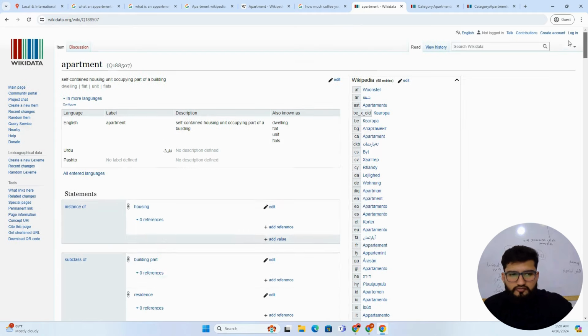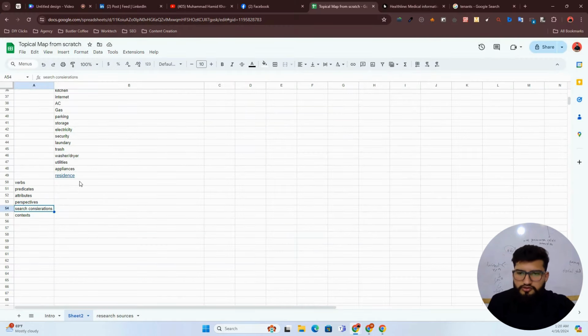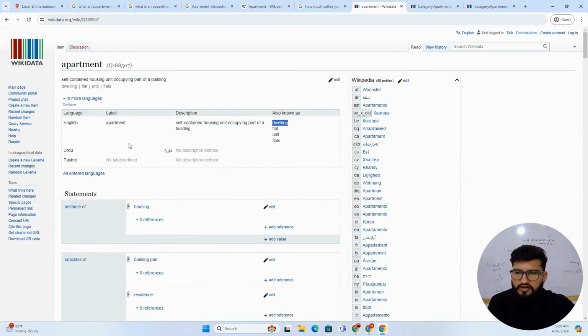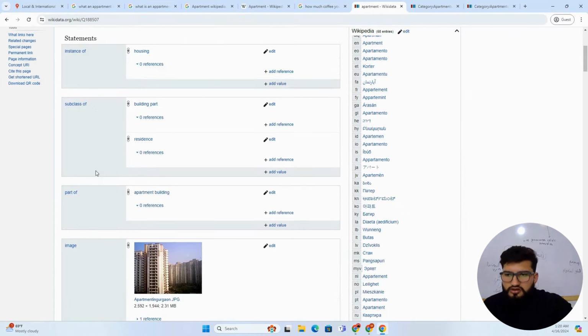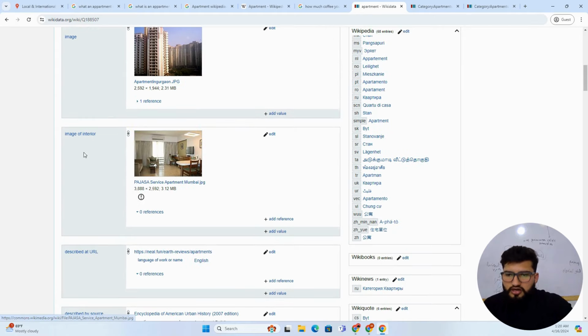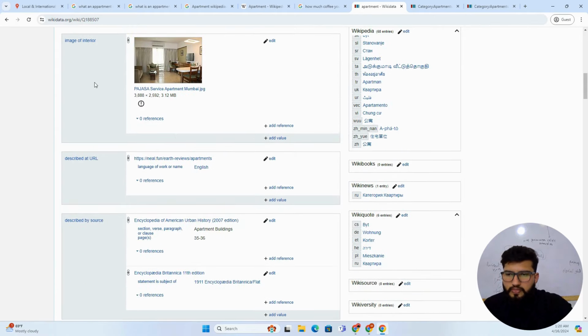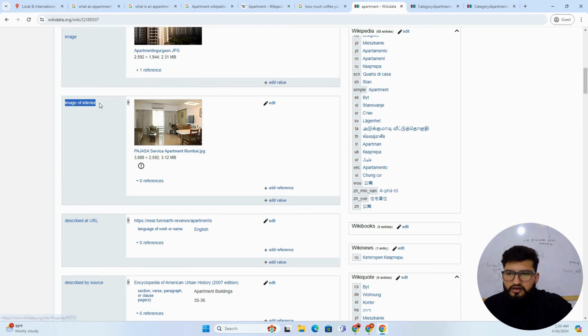Let me start from the page. Also known as dwelling. Yeah, we have missed this. So somewhere you're going to find it again. And housing, subclass, apart, and interior. Yeah.